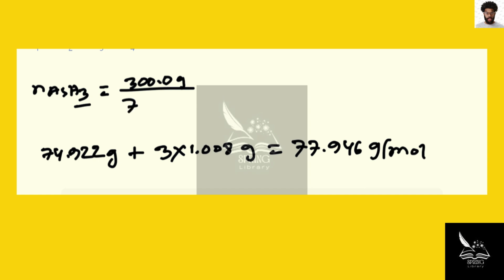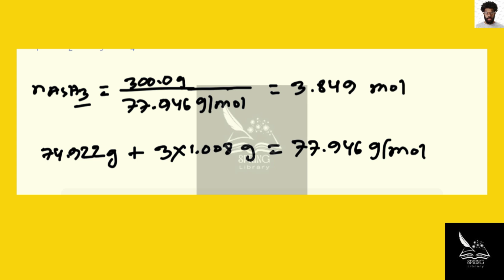So just put this here, 77.946 gram per mole, and it will give us a value of 3.849 mole. So this is the number of moles of arsine gas which is reacting.